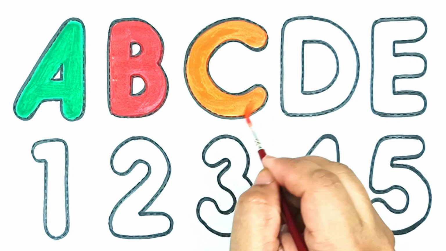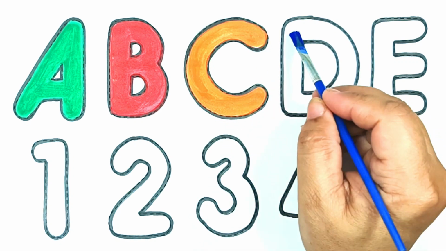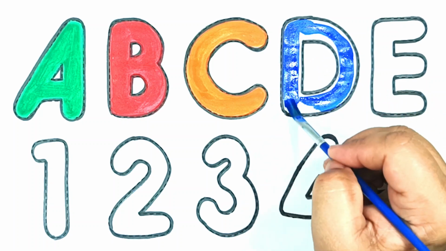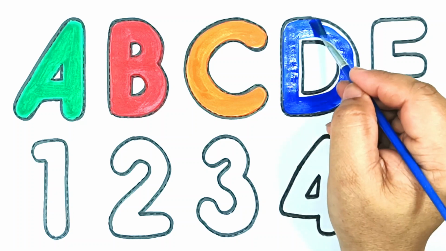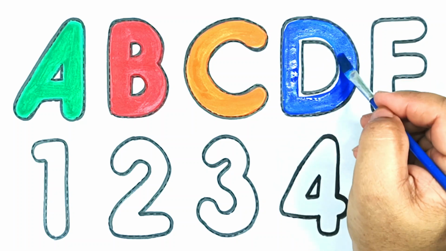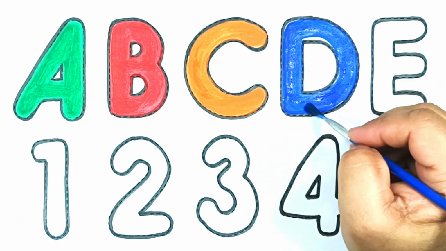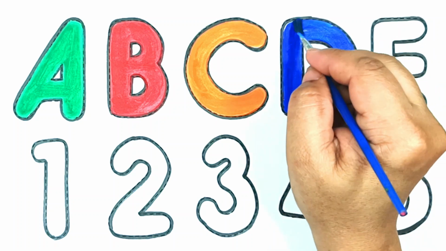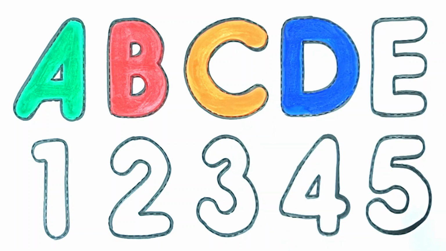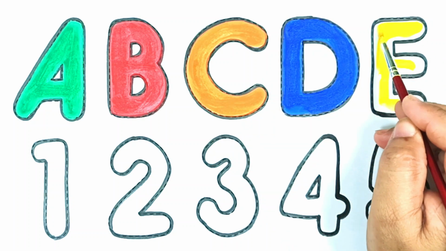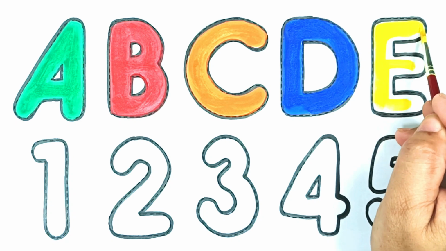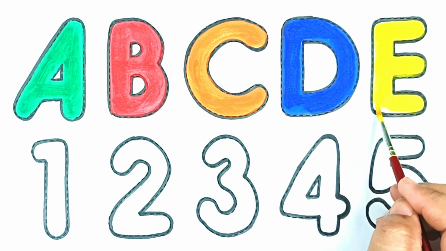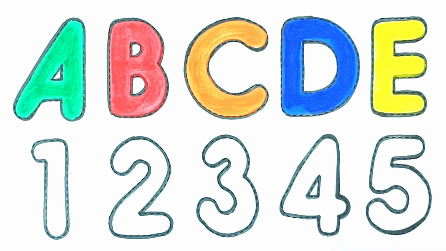C is for clock. It tells you the time. D is for diamond. See how it shines. E is for elephant. Bigger than me.